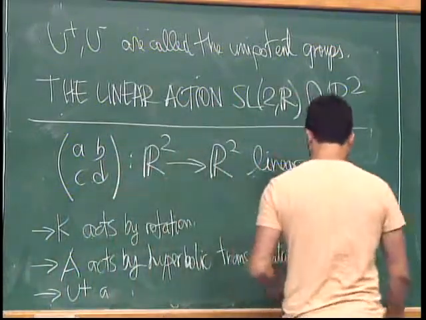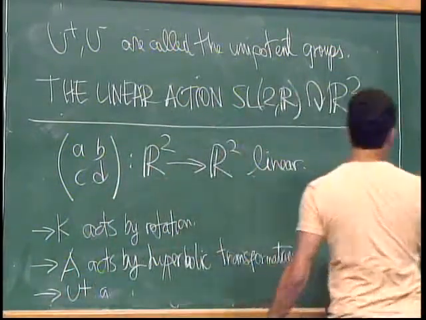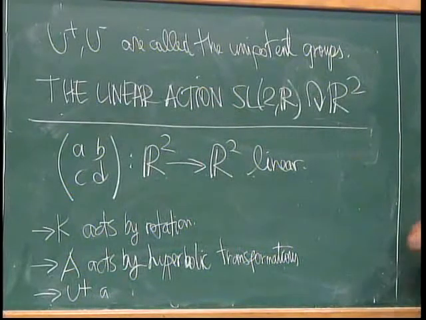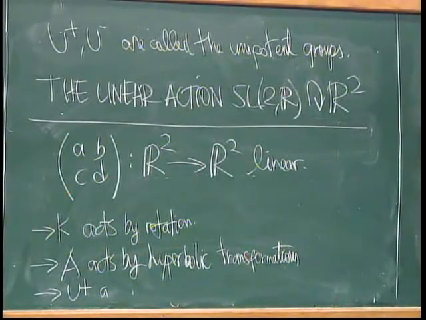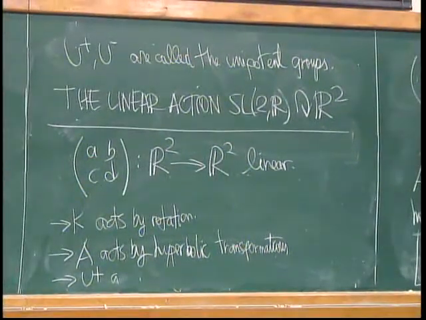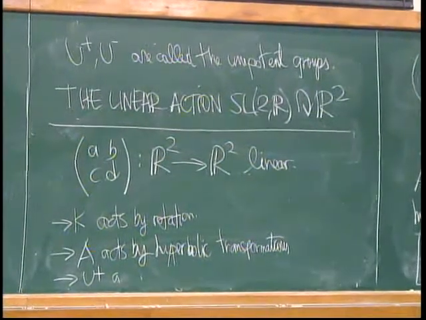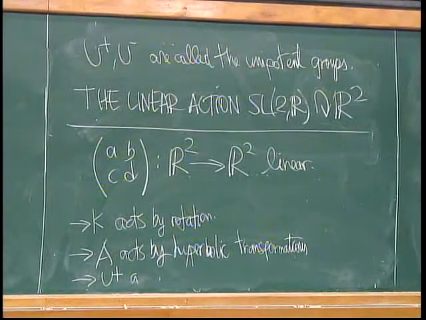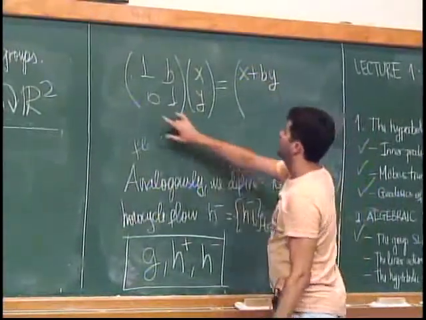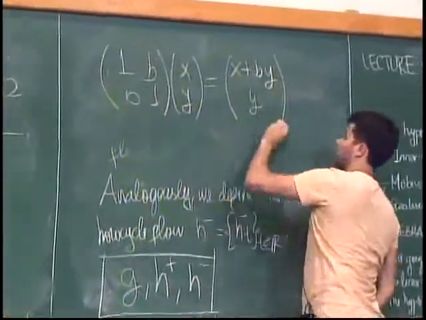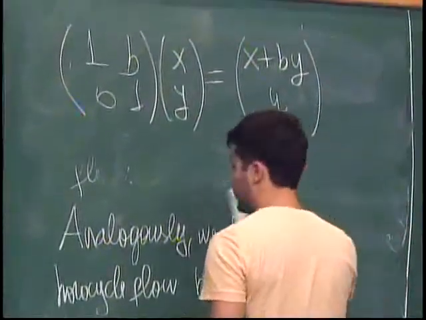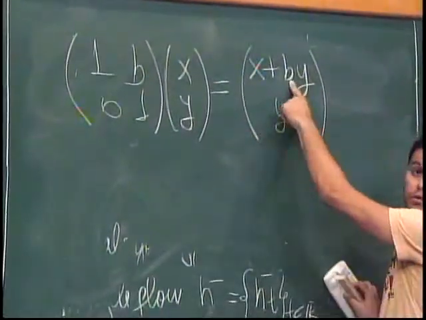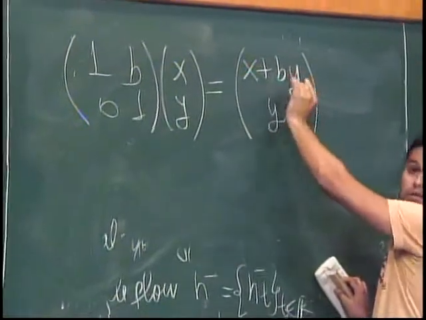If you get an element of U plus and you apply it to a vector xy, what you get here is x plus by and y. So it depends whether y is 0 or not, because if y is 0, this vanishes, right?